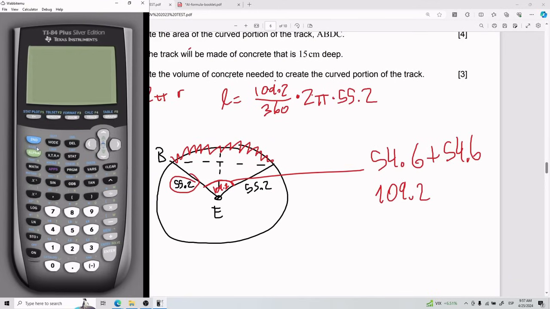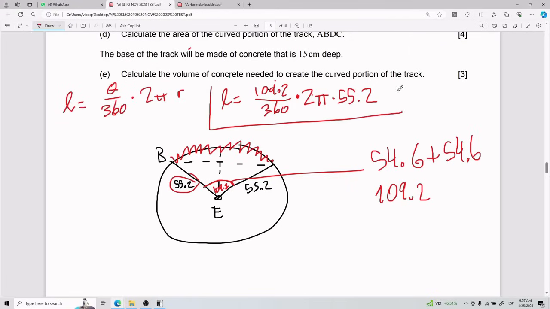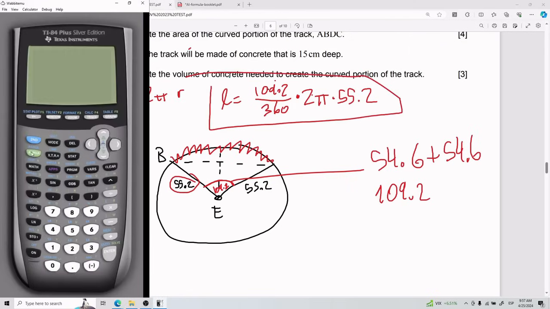Anyways, from here you can plug all of this in, just to make it easier to plug in stuff. So 109 divided by 360 times 2 times pi times 55.2.